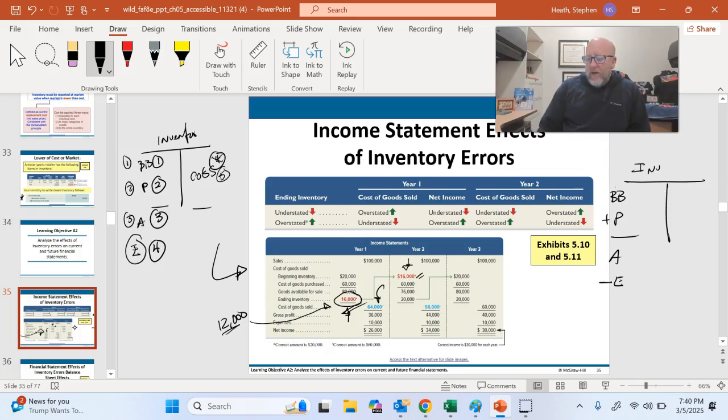Then I'm going to subtract out my ending inventory to back into cost of goods sold. Then this would be incorrect. But as long as my ending inventory, the count, was correct, then this year's financial statements would be okay because we're starting with a correct number in year 3.